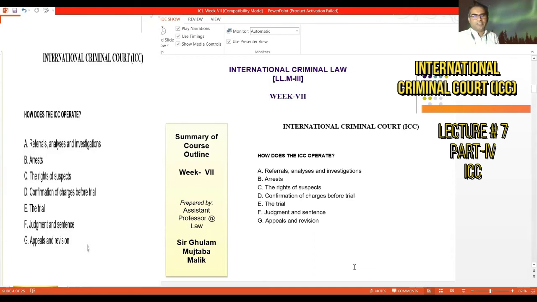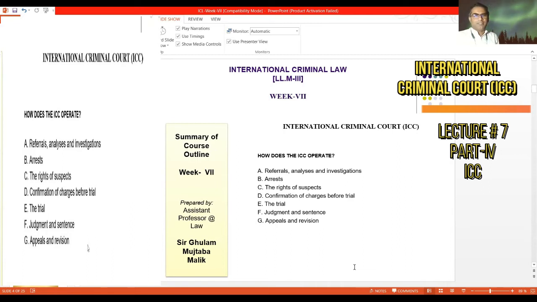Such information can be provided by individuals, intergovernmental or non-governmental organizations, or any other reliable sources. The prosecution must, however, obtain permission from the pretrial chamber judges before initiating an investigation under such circumstances.